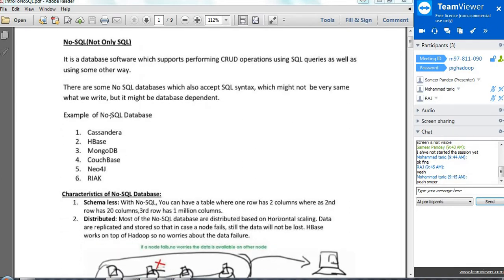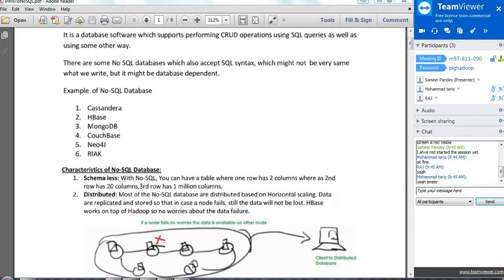So let's have an example. What are the NoSQL databases that we have? One is Cassandra, HBASE that we are going to read, MongoDB, very famous and very usable, Couchbase, Neo4j, Riak. These are very commonly used NoSQL databases in the market.